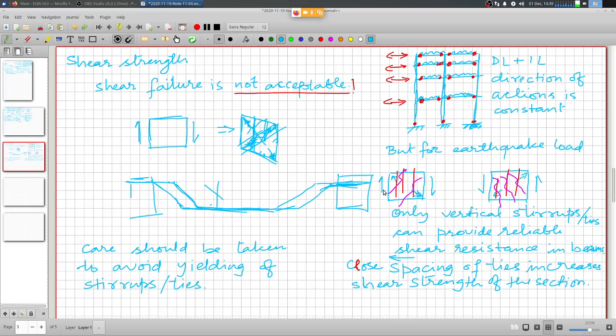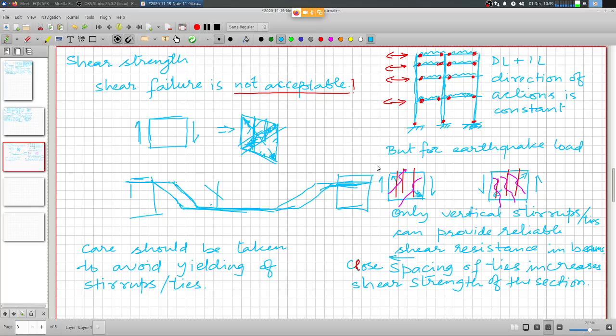And if we require additional shear strength, more shear capacity in a section, then instead of increasing the area, it is much more worthwhile, a better alternative, to reduce the spacing of the ties, provide the ties at a closer spacing, and that will have more stirrups crossing the diagonal tension line, providing the adequate shear resistance.